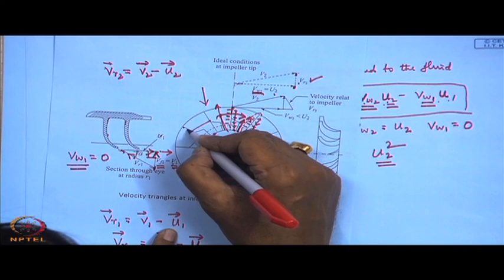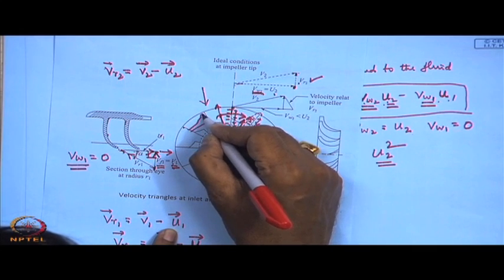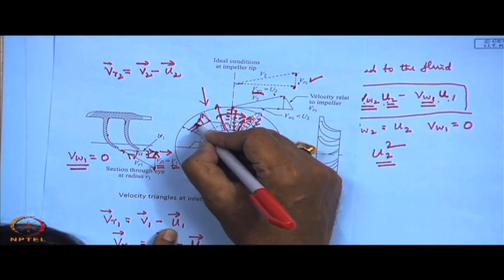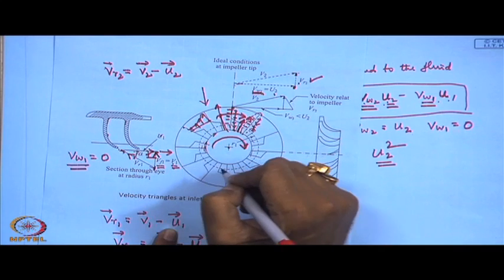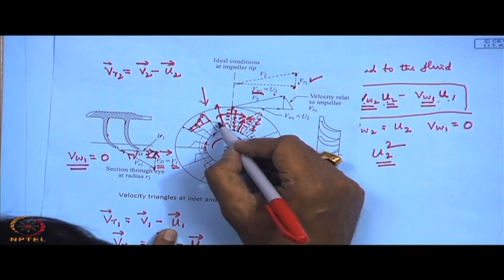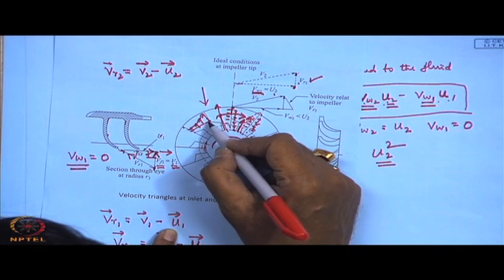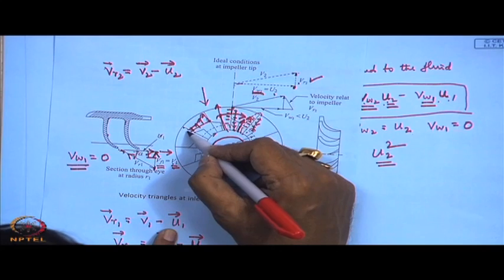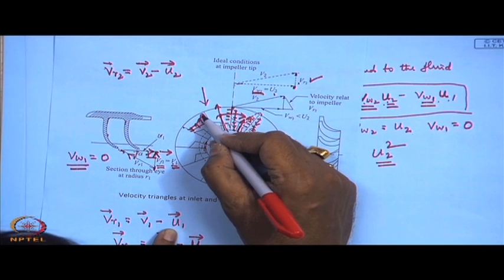That means this makes a distribution like this. This was discussed earlier also. The velocity distribution becomes much skewed. Here the velocity on this side of the passage is high, here it is low. So this way the velocity distribution changes.